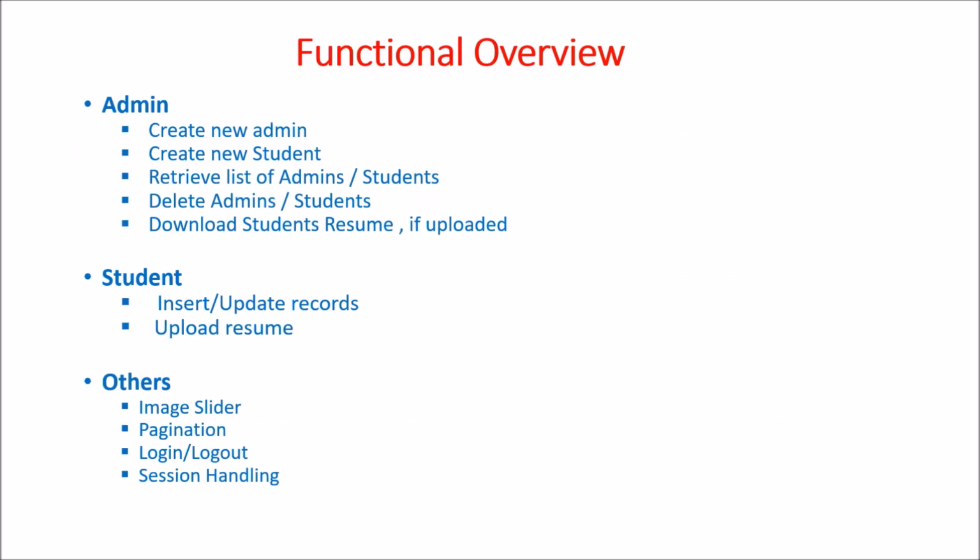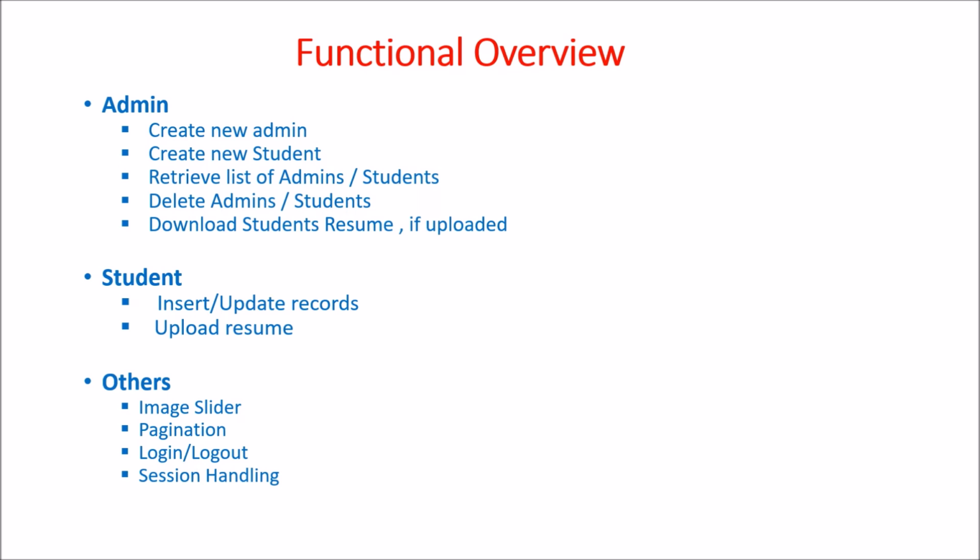Now coming to the functional overview, as we have discussed, we have two roles, that is admin and student. So admin can create new admin, and also it can create new students.